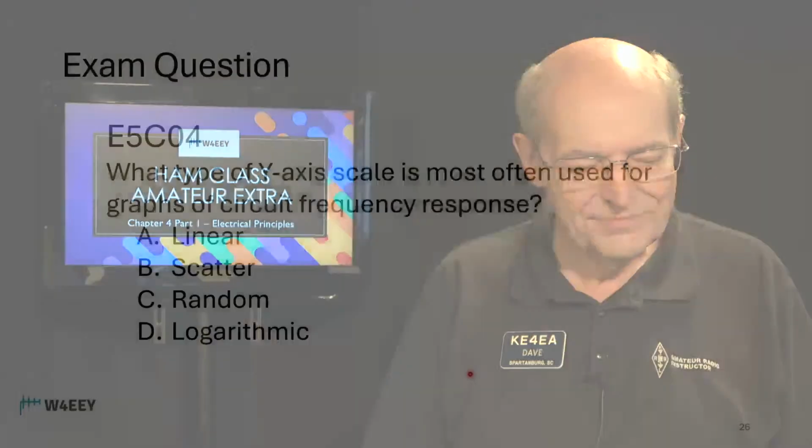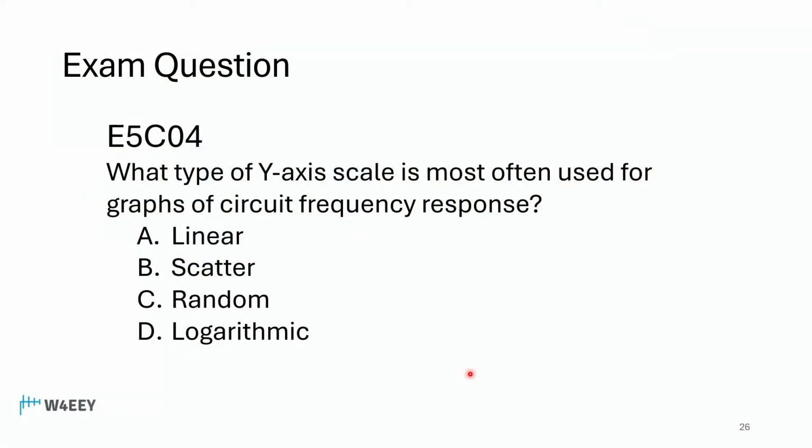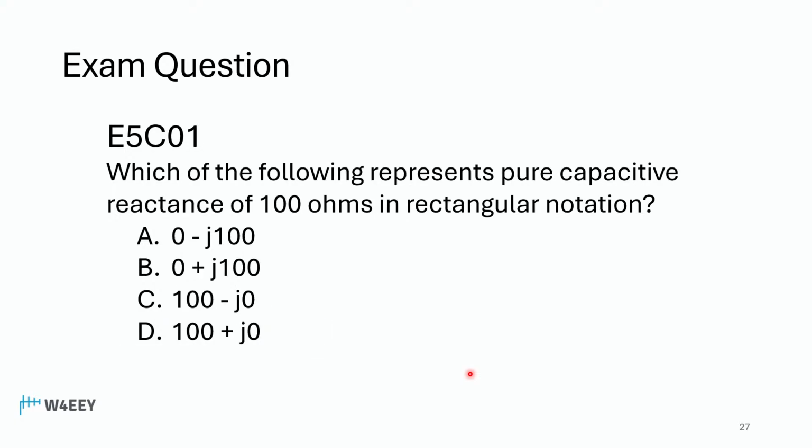Speaking of answers, what type of y-axis scale is most often used for graphs of circuit frequency response? You can unmute. Delta. Delta, logarithmic, yep. Good. Which of the following represents pure capacitive reactance of 100 ohms in rectangular notation?